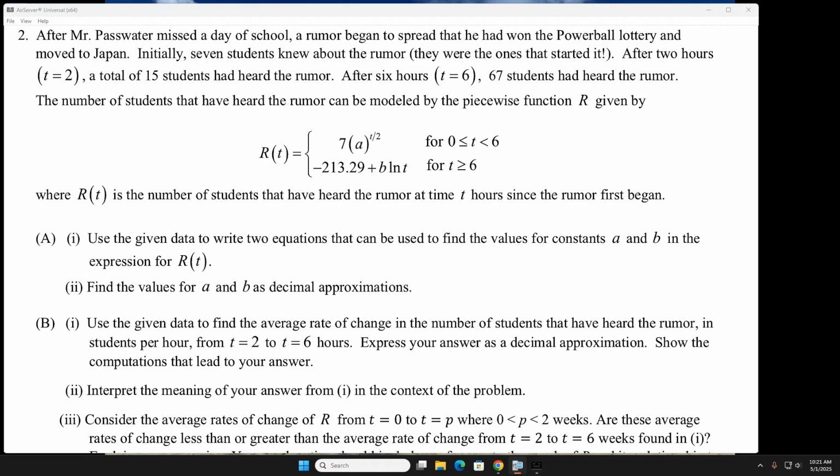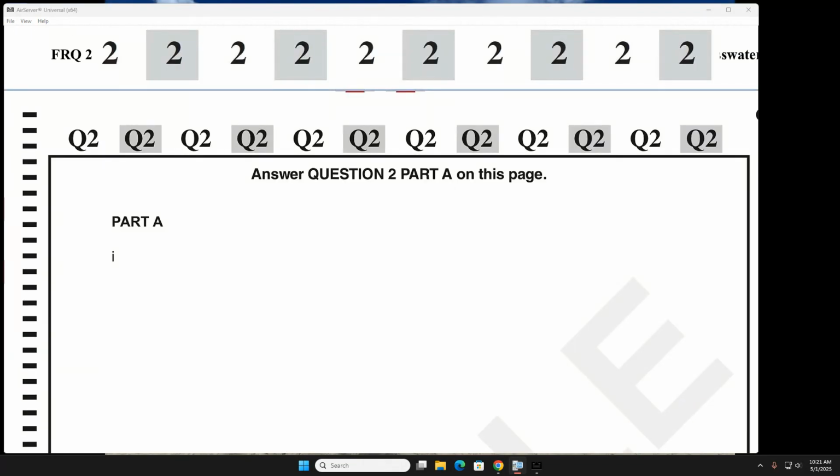And so for t equals 2, which piece do you think we're going to use? The top. Yes, sir. All right, so we're going to put in 15 equals, and then this one is 7 times a to the t divided by 2, so in this case it's 2 divided by 2.